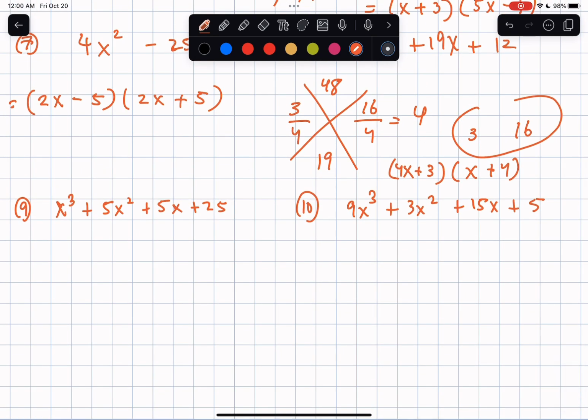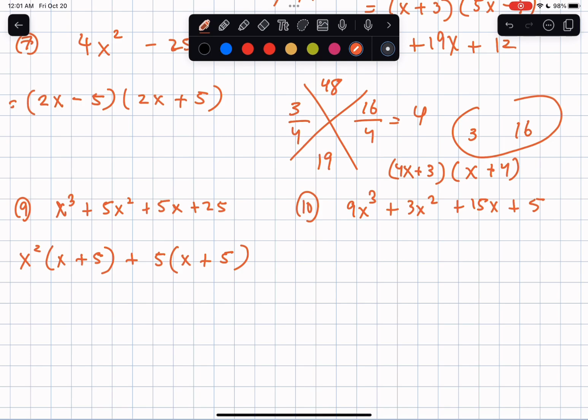So you're going to look at this side of the polynomial, and then you're going to look at this side of the polynomial, and then factor them separately. So for this side, we're going to factor out an x squared. Then this would become x plus 5. Then we're going to put a plus here, and we're going to factor out this side. So you can factor out a 5, right? So 5x plus 5.